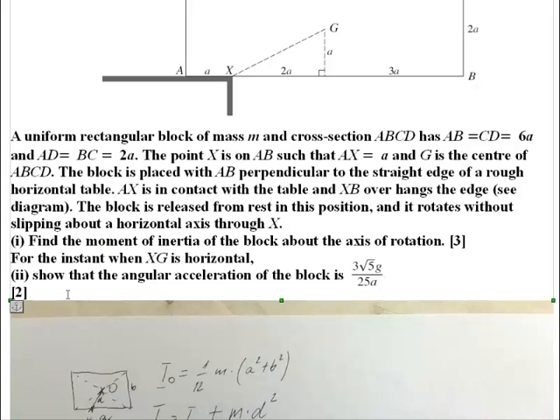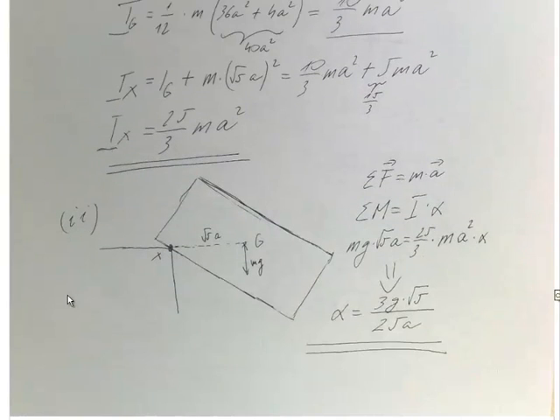For the instant when XG is horizontal, show that the angular acceleration of the block is 3 times square root of 5 times g over 25a. We will use this formula, which is analogous to this formula. Here is our figure.